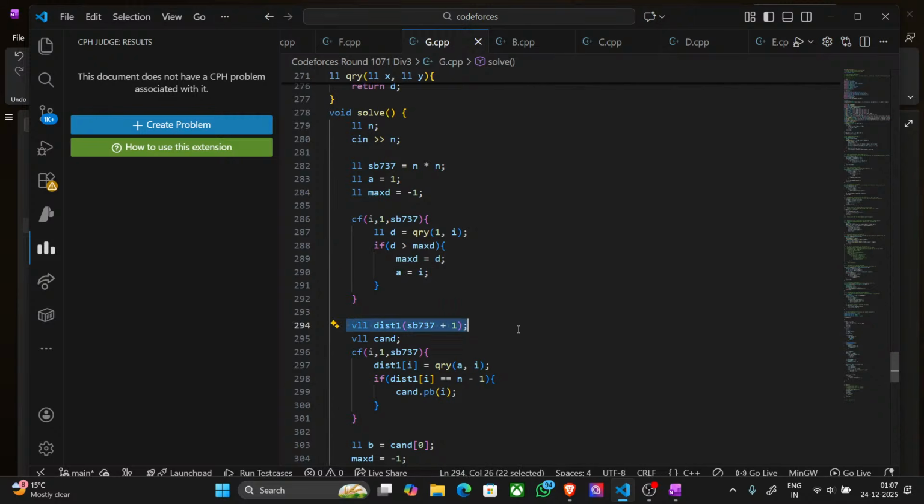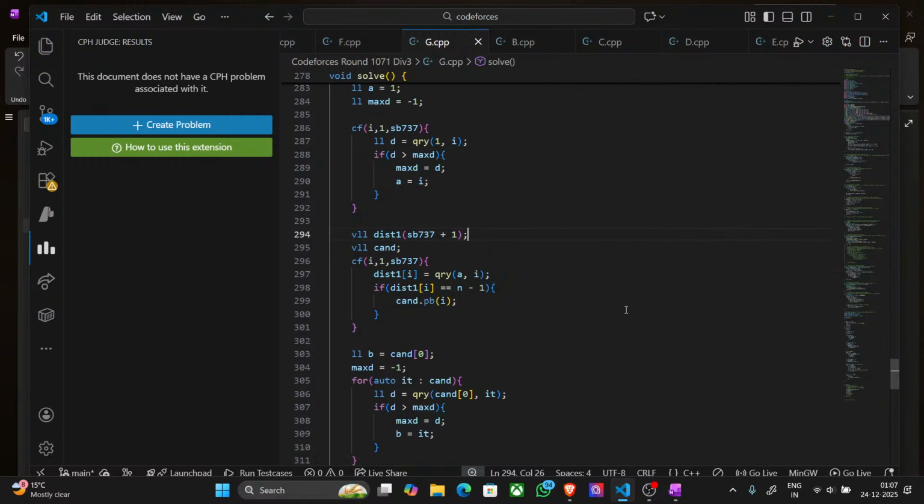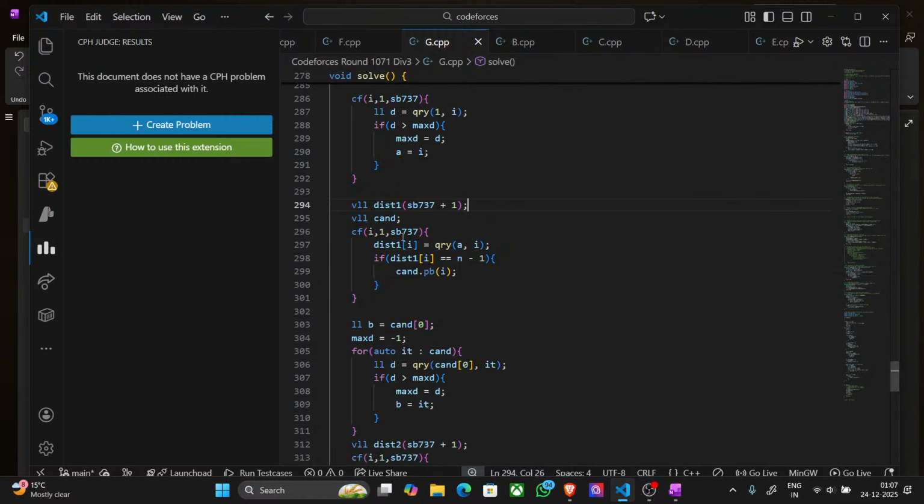Then I have made a distance array. In this distance array, I have candidates, in which I have again iterated on all the penguins, and I have updated the distance of each penguin by taking the query. This whole thing is for the first part, which was 1 1.